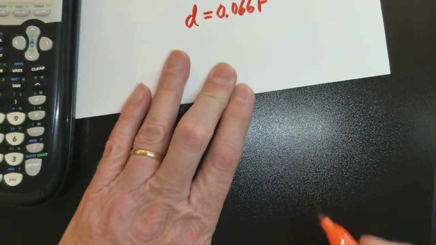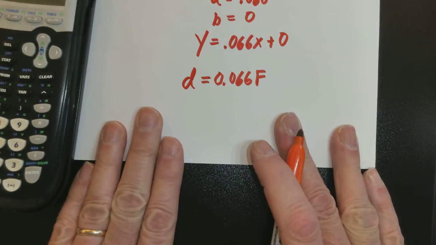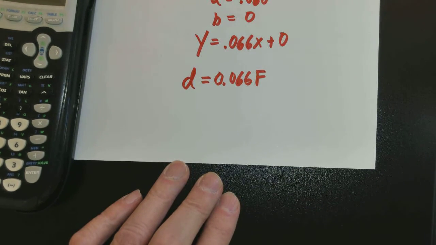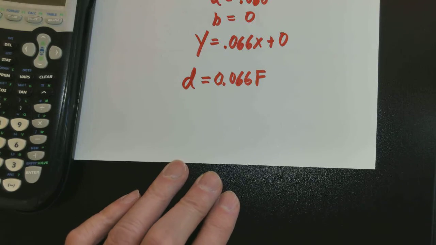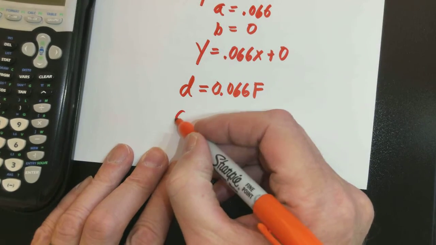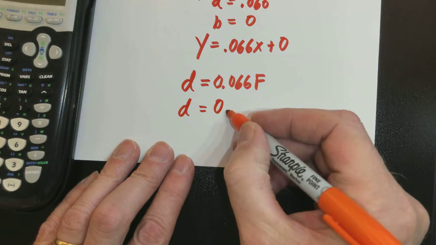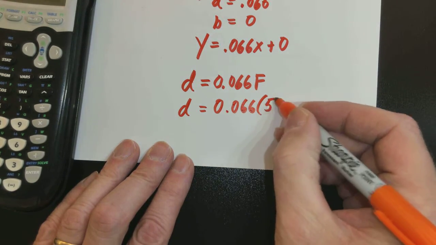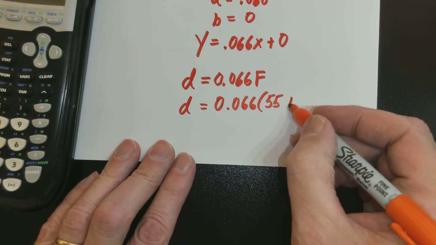And it's plus 0. I'm just going to leave it like this because it is plus 0. It says use the model from part C to estimate the elongation of the spring when a force of 55 kilograms is applied. The force is 55 kilograms.